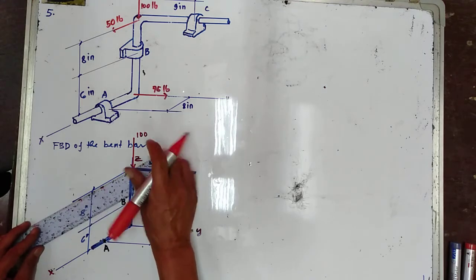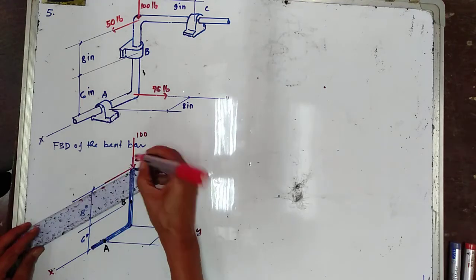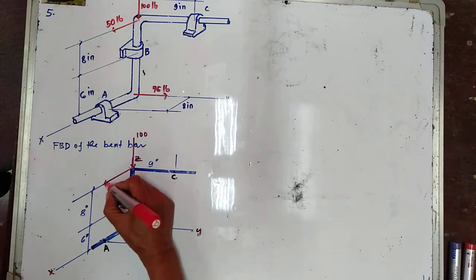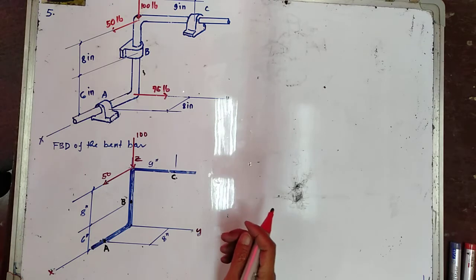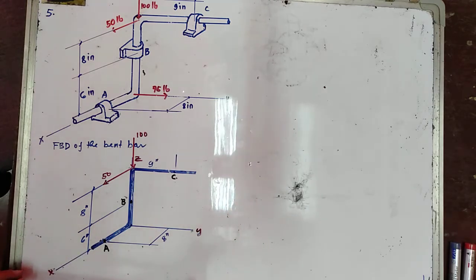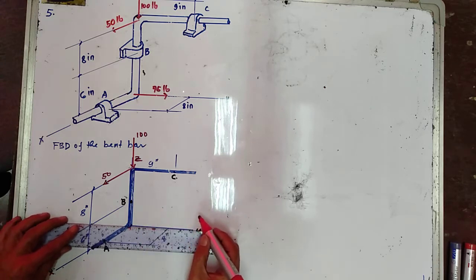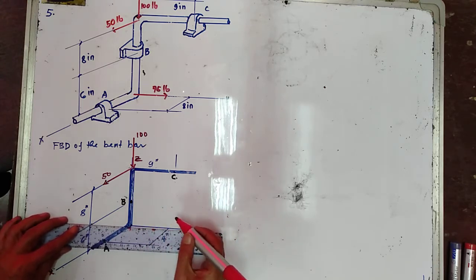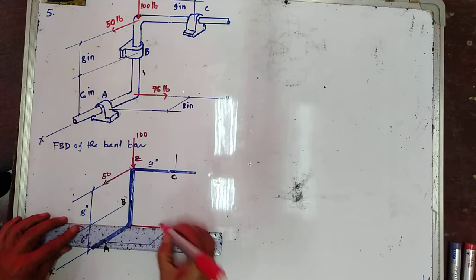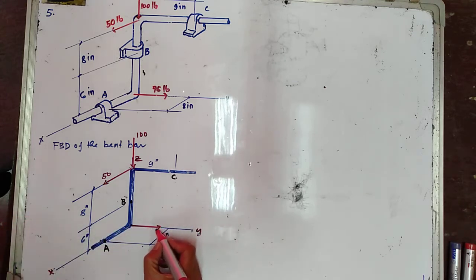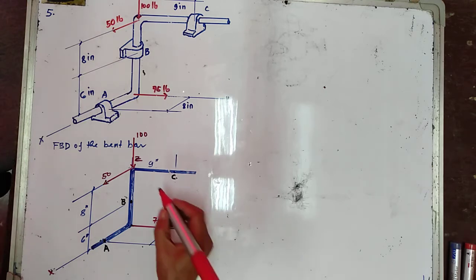We have 50 pounds in the direction of the x-axis, and we have 75 pounds in the direction of the y-axis. This is 75 pounds.